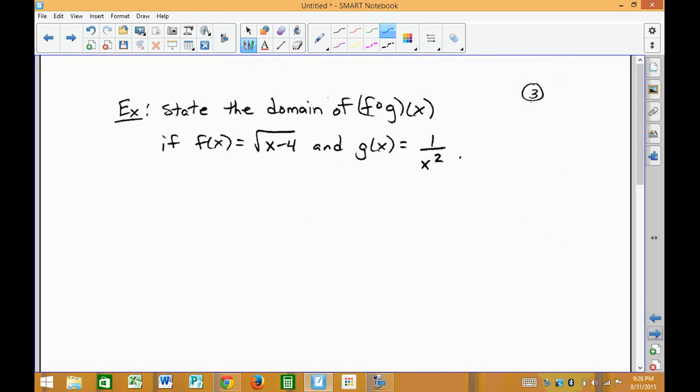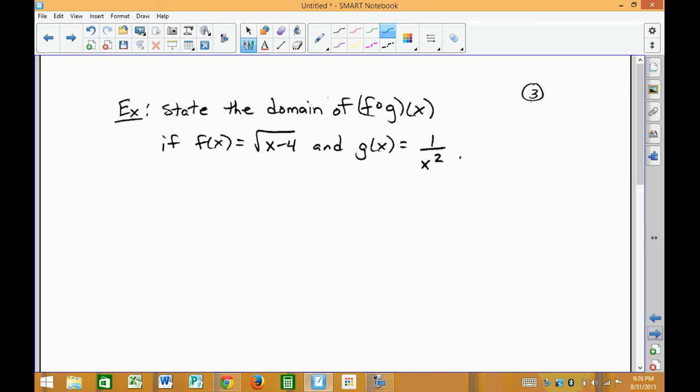Okay, last we are going to talk about the domain of f of g of x. The domain of f of g of x can be found by looking at the final result and determining if there's any issues.